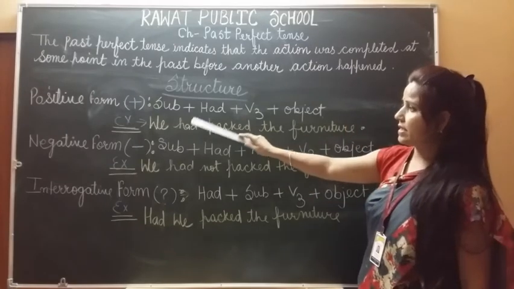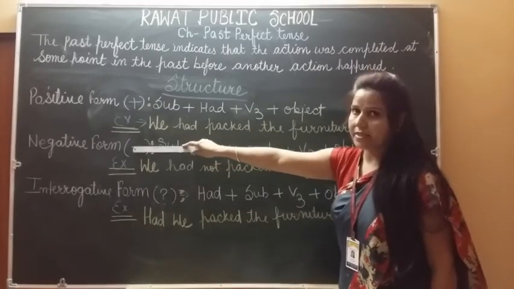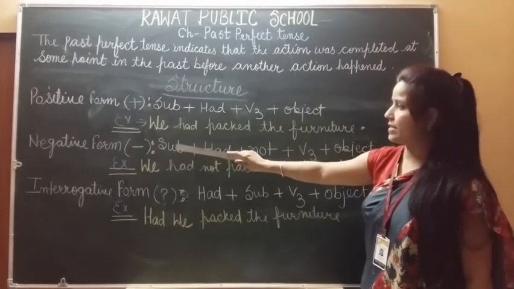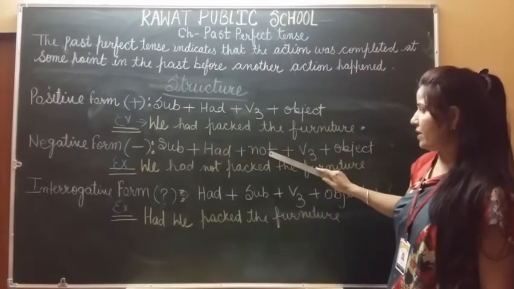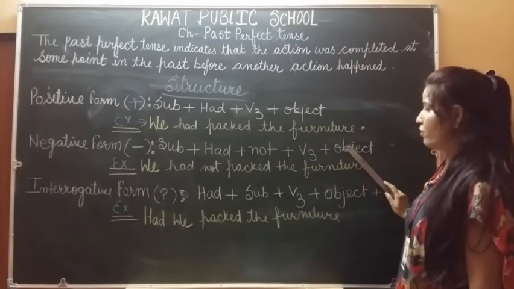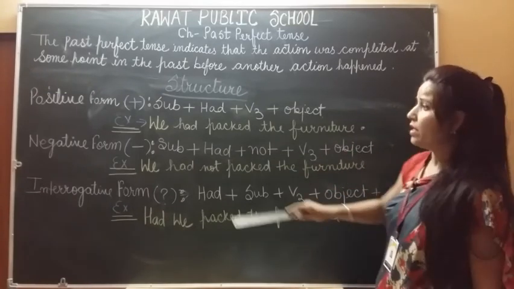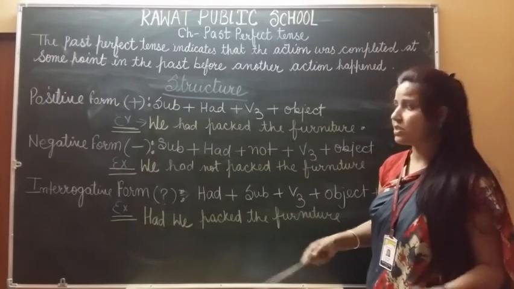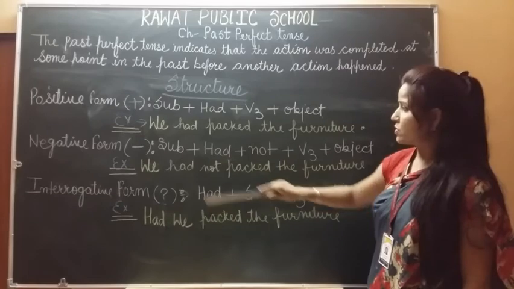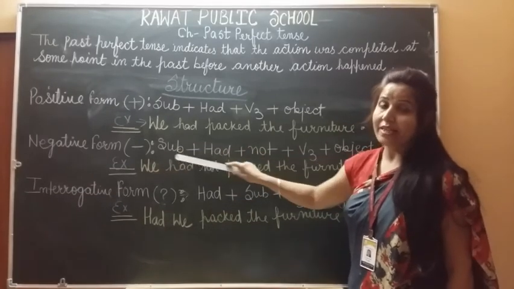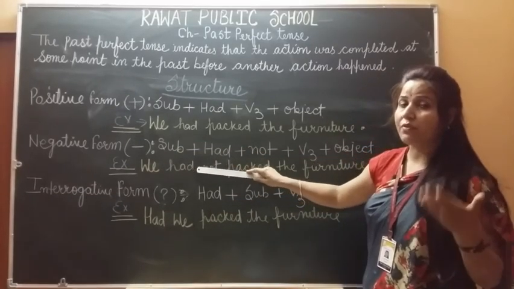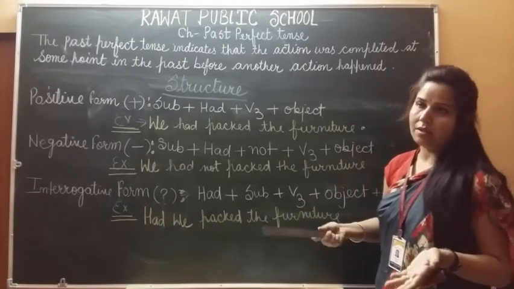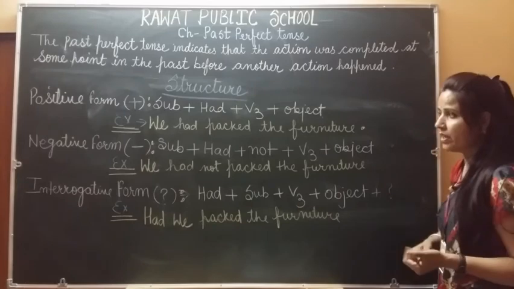Okay, so let's see the negative sentence. The structure is subject, then had, then not, then verb third form, then object. For a negative sentence in past perfect tense we will use not. Okay, so the subject is we, then with both singular and plural subjects we will write had.